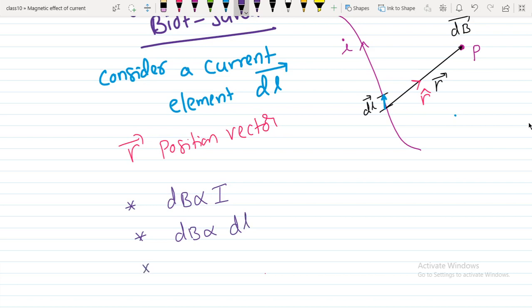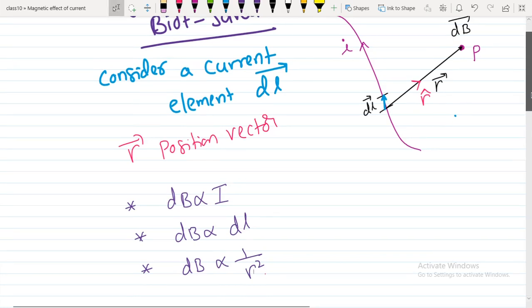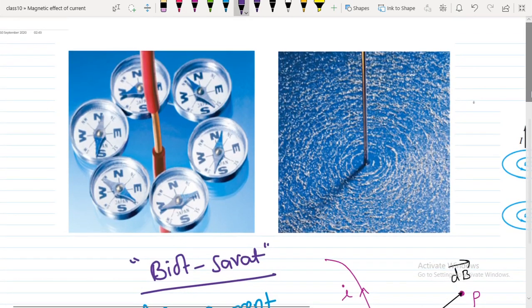And the magnetic field at a location is inversely proportional to the distance from the conducting wire. If the distance is more, the magnetic field strength is less. That's the inverse relation it follows.